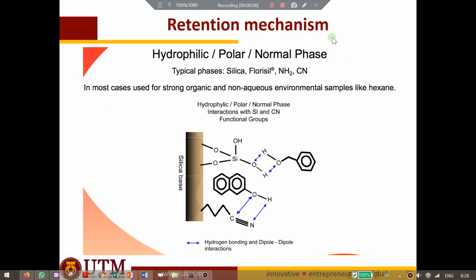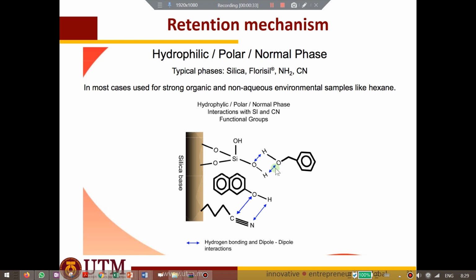Okay, the next one, we will look into the retention mechanism for the hydrophilic one, or we call the polar one, or also we can call the normal phase. When our particle comes with the structure of polar surfaces, we call it the normal phase. Opposed to the reverse phase, the interaction is the hydrogen bond, or we can call it the polar interaction or dipole-dipole interaction.